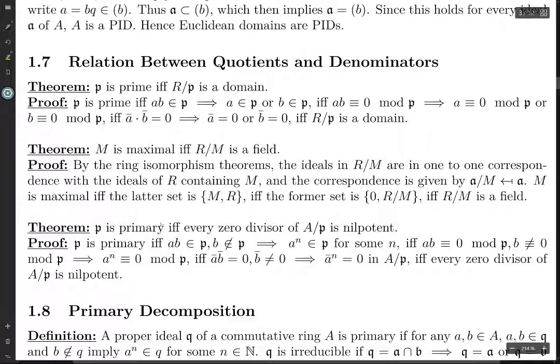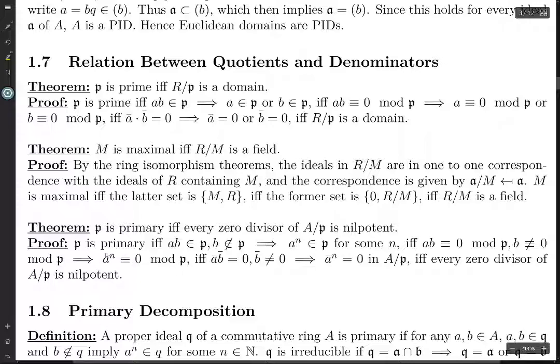Lastly, P is primary if and only if every zero divisor of A mod P is nilpotent. So what does it mean for P to be primary? P is primary if and only if whenever you have a product AB which is in P, and B is not in P, then some power of A is in P. And this holds if and only if AB equals 0 mod P and B not equal to 0 mod P means that A^n is equal to 0 mod P for some n.